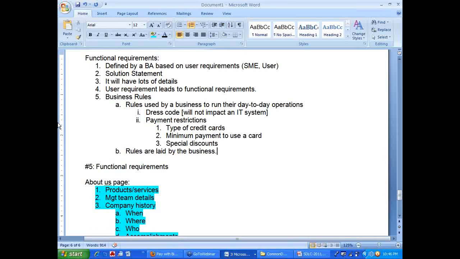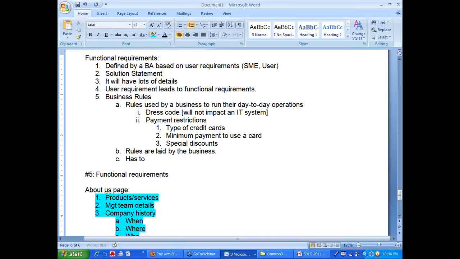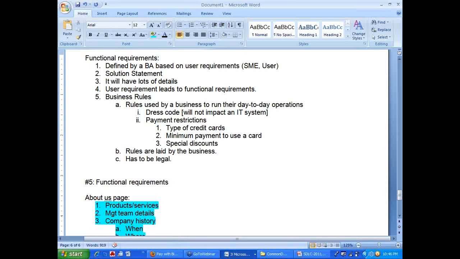Today I can come up with my own rule. Anybody over 70 years old does the course for free. As long as it's legal, I can do it. The example I give is, I cannot say that if you're a woman, I'm going to charge you 10% more. No, that's illegal.